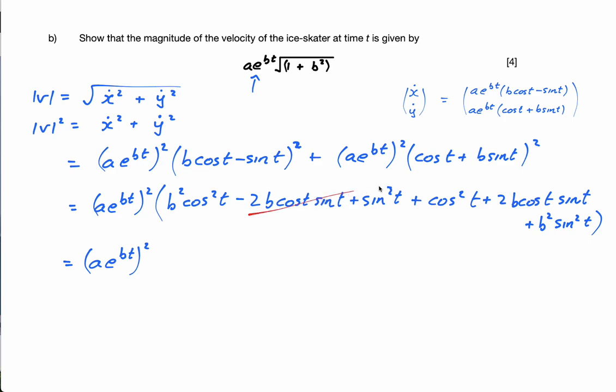This minus this plus this cancels nicely. And now I have, watch this, b squared into cos squared t plus sine squared t. And you know, guys, what's cos squared t plus sine squared t? Well, it's 1. Cos squared plus sine squared equals 1.